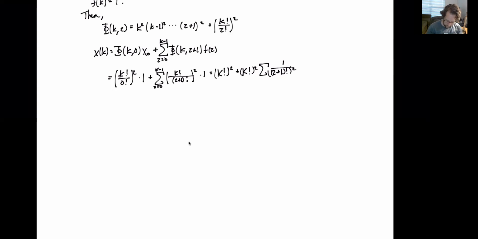All right, and so then this guy, turns out, is equal to k factorial squared times the sum of 1 over tau factorial squared from tau equal to 0 to k minus 1.